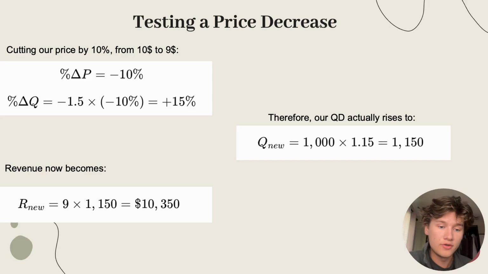Therefore, our revenue at $9 instead of $10 becomes $10,350, meaning that our revenue overall with a price decrease is going to increase. This is because our elasticity of demand is so high in this scenario. Customers want to buy more smoothies at the lower price, and the business earns more revenue overall.